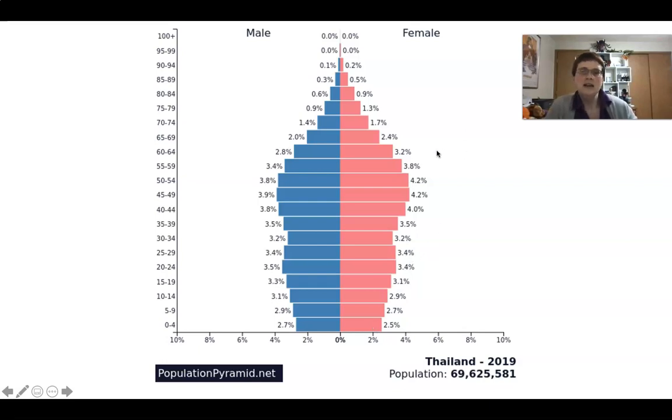This is because Thailand decided in the 70s that they needed to get their growth under control. Their population growth was starting to become a concern, and so they actually initiated a bunch of education programs, especially centered around family planning and uses of condoms and birth control.